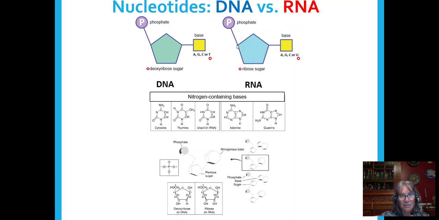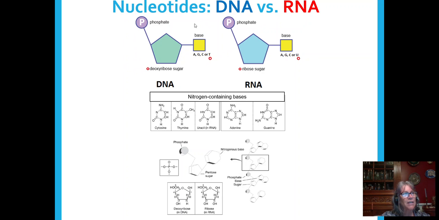So pentose means 5 carbons. So they're both 5-carbon sugars. This is deoxyribose. This is ribose. They both have a phosphate attached and a nitrogen-containing base. So when we say a nitrogenous base, we mean it contains nitrogen. So that's my building block. That is my single Lego monomer.